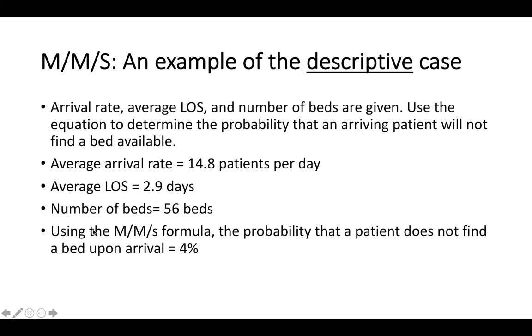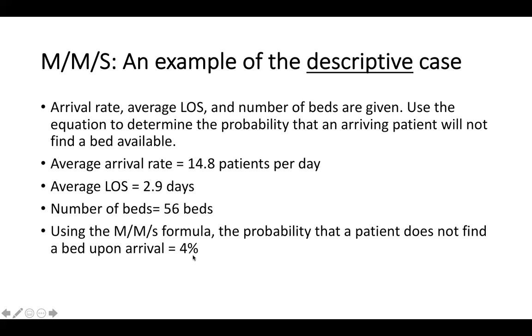So if we do the calculations in the queuing system, we may find out that in this system, there is only a 4% chance that the patient arrives to the system and does not need to wait, and can immediately find a bed upon arrival.